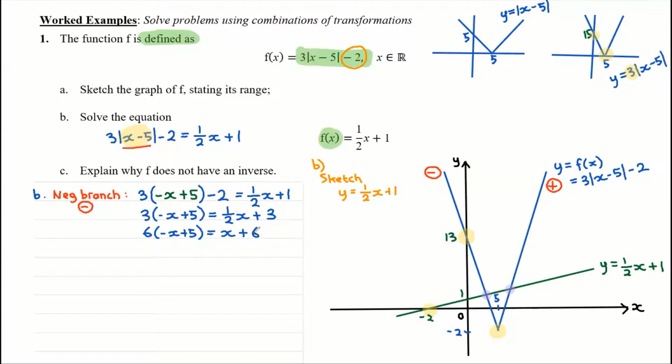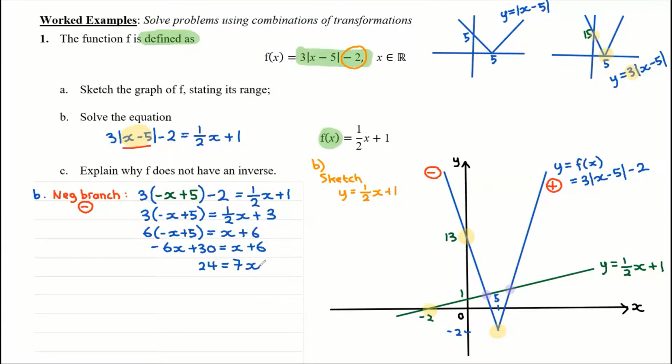So that's doubling everything. Okay, again, expand and simplify. Let's try this again. Okay, and collect all the like terms. So we're going to have 24 is equal to 7x.